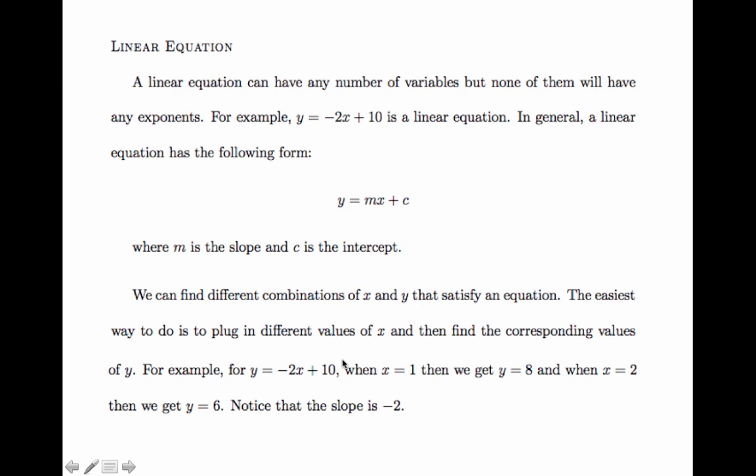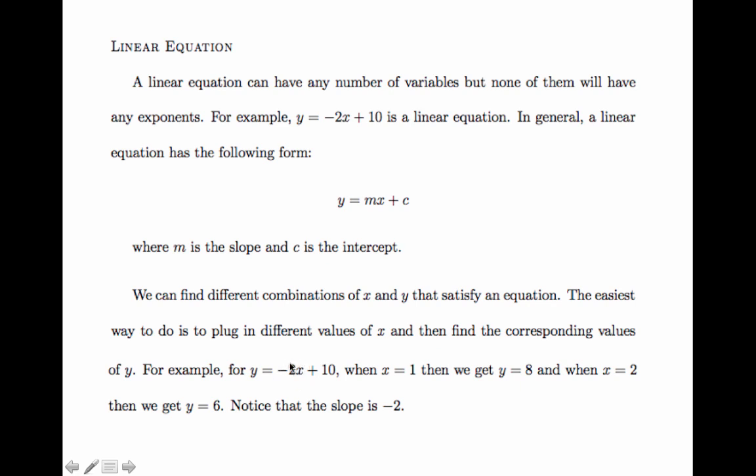Now, if you substitute a different value of x, for example x equal to 2, and simplify, you will find that the corresponding value of y is 6. So x equal to 2 and y equal to 6 is another combination that satisfies the relationship described by this equation. Notice that the slope of this equation is -2.